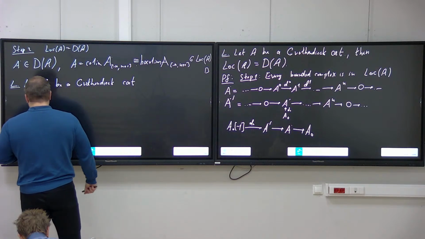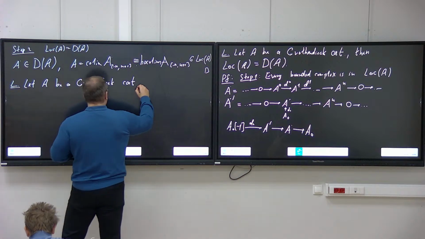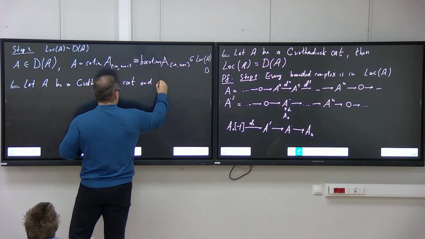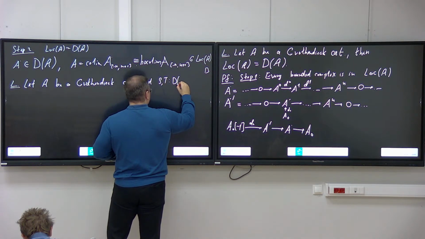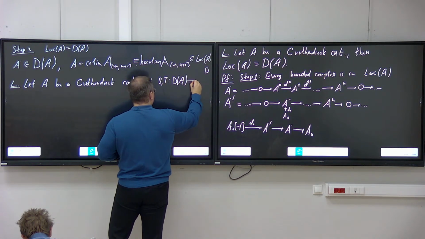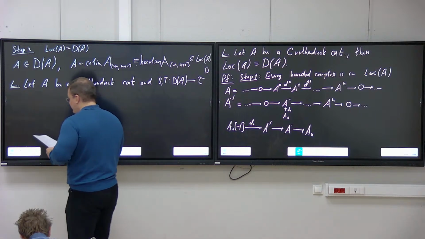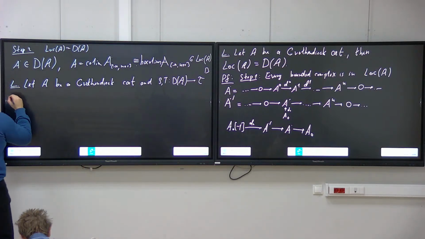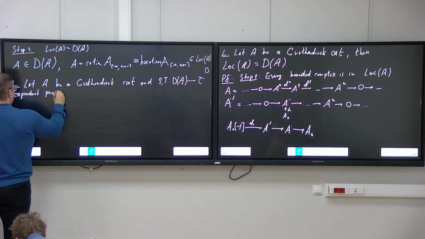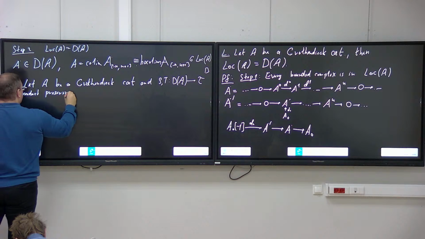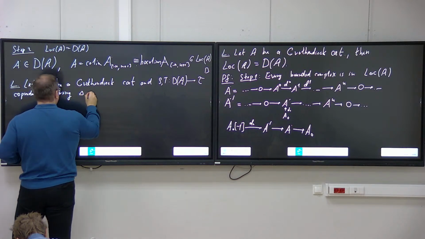And suppose I have two triangulated functors, S and T. So these are functors from the derived category of A to some other triangulated category. These are coproduct preserving triangulated functors.